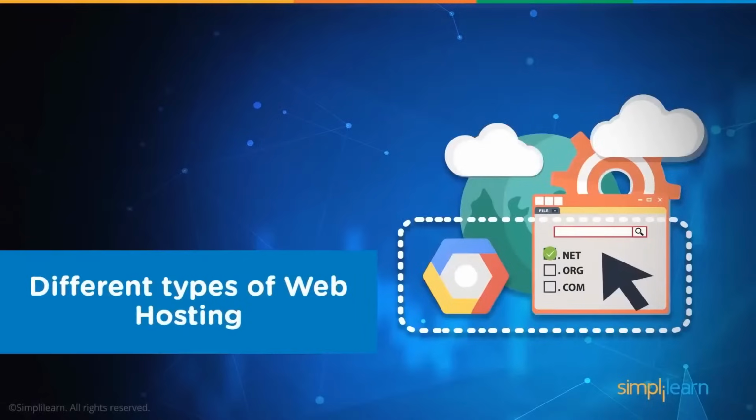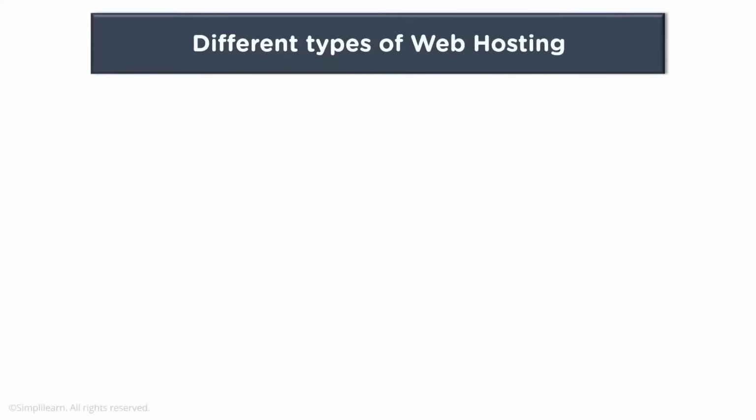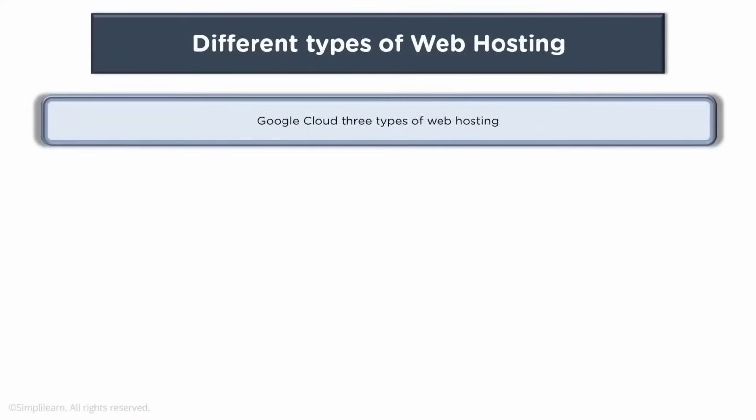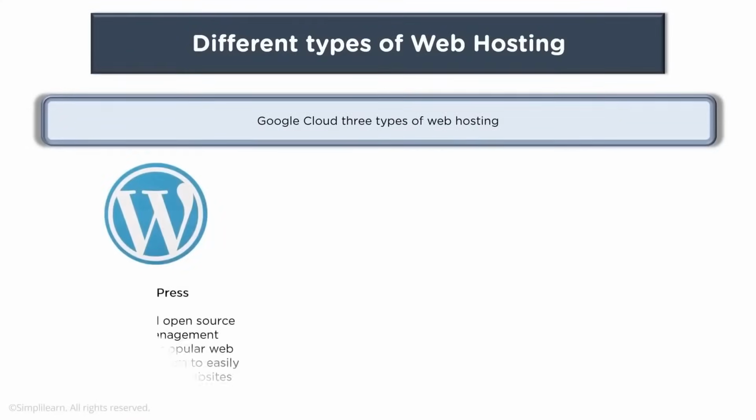When you talk about different types of web hosting, Google Cloud offers three types. You have WordPress, a free and open source content management system. You might have used it in the past or heard about WordPress, where a lot of websites are being created. It is a popular web publishing platform to easily set up blogs and websites, used by organizations and individual users for having their blogs, running their websites, or promoting their products.